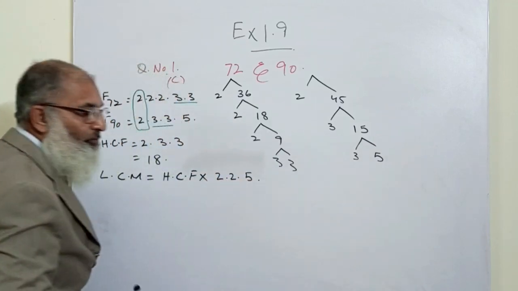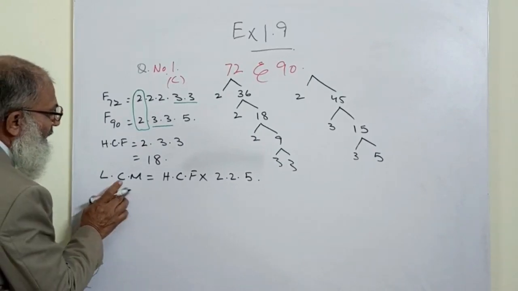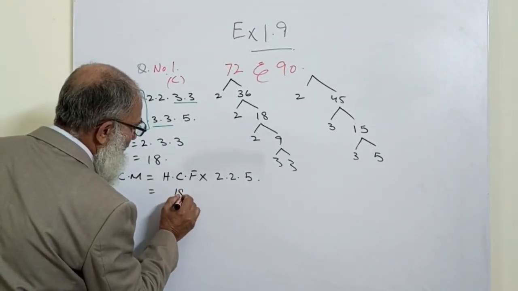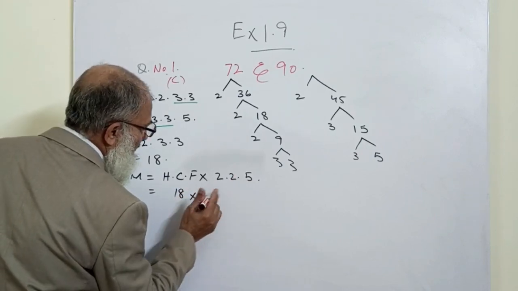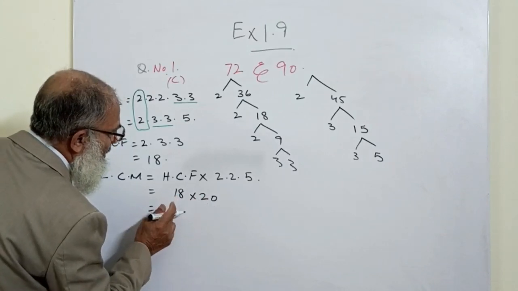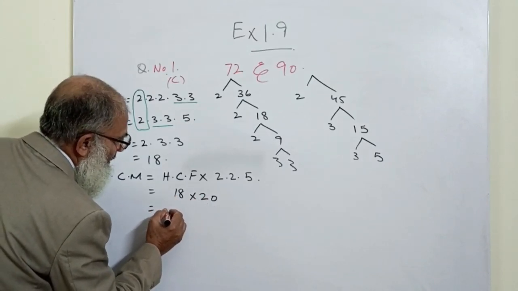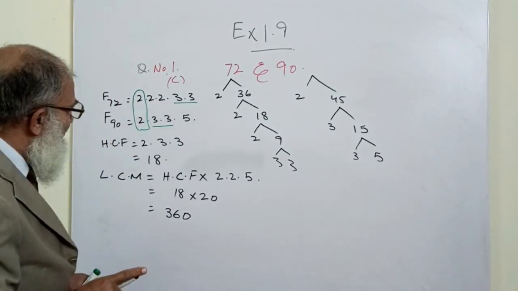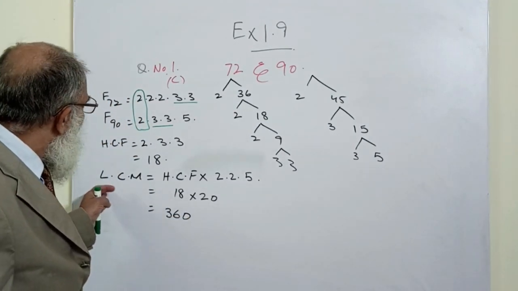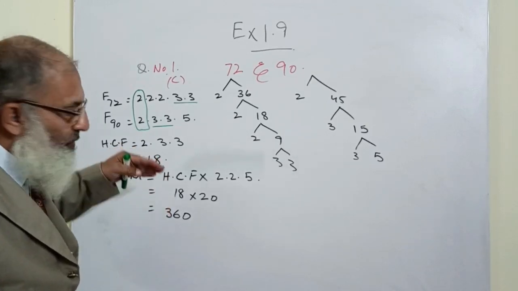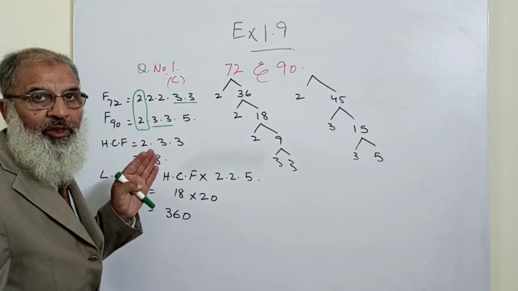So what is the outcome over here? LCM is 18 multiplied by 20. That will become 360. So you see how we find LCM. But in the next question, we'll follow the proper procedure for doing the LCM.